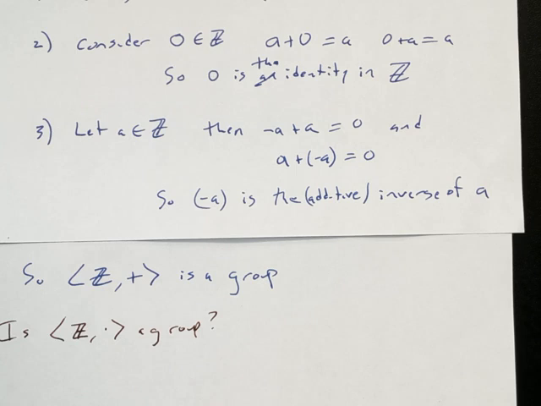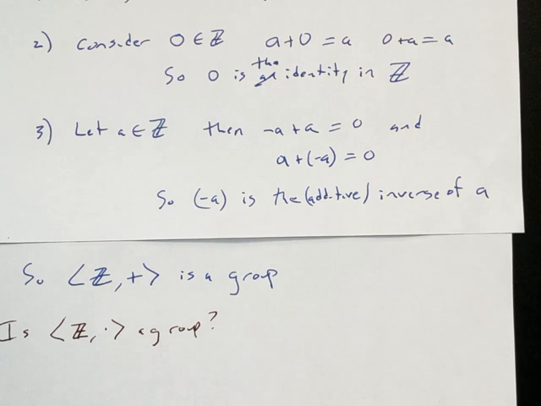A times B times C. Doesn't matter whether I multiply A and B first or B and C first, it still works the same. There's an identity. The identity is 1. But every element doesn't have an inverse. In the set, 1/2 is a perfectly valid number. It's not an integer.